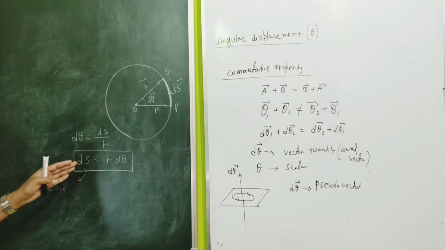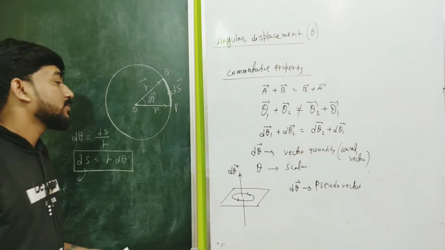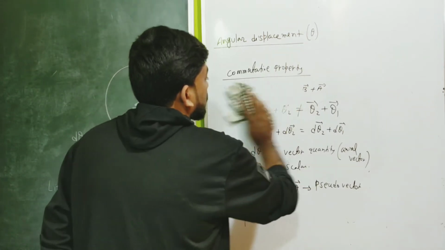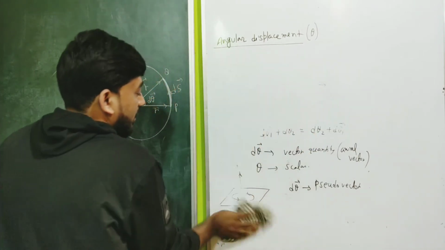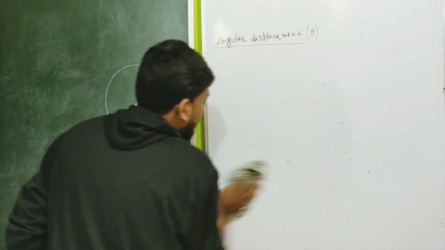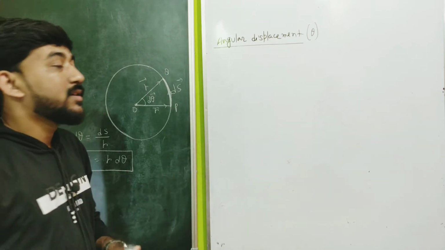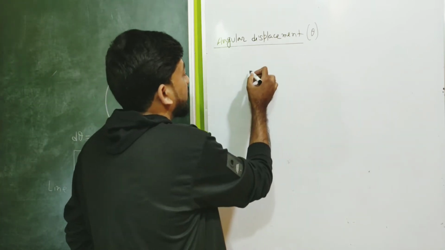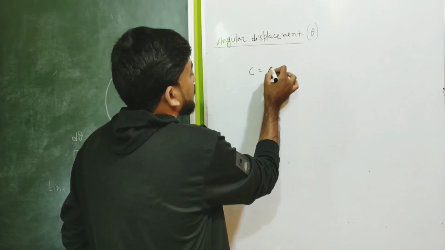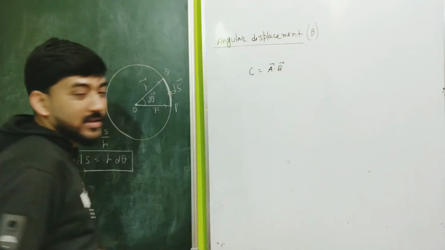Why? Because you know from the rule of products that there are two kinds of product of vectors. One is scalar product and another is vector product. When three vectors a, b, c are involved, if c is equal to a dot b, then obviously c is a scalar quantity.